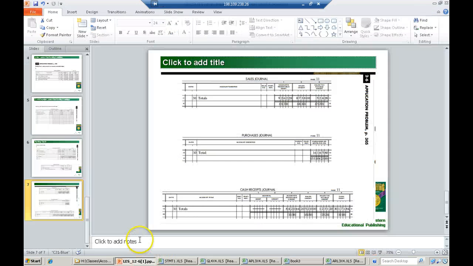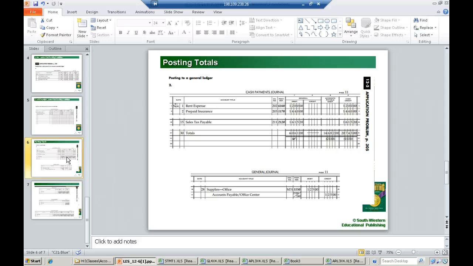Okay, going on to the last of the journals here. Next journal is the cash payments journal totals. It's only the special columns. We already recorded these amounts, even though we totaled them. So we have accounts payable debit of $14,682.